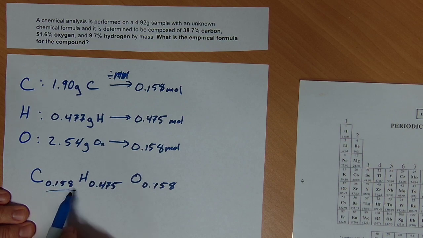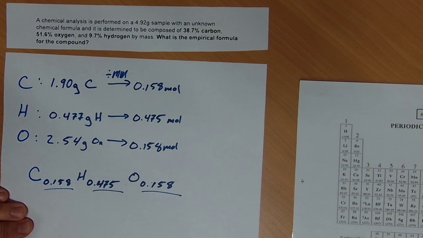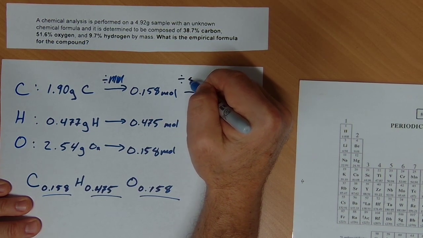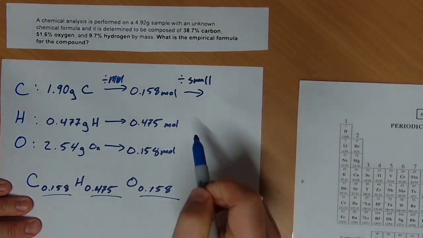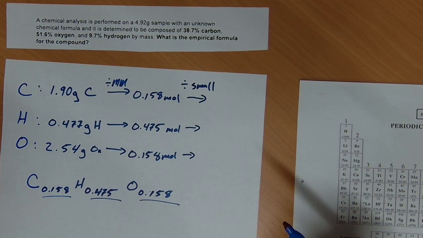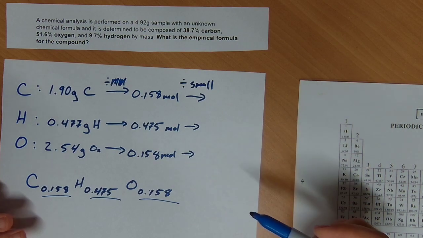We prefer to use the smallest whole numbers, and so this last step, divide by small, is just a math trick basically to rescale these numbers. We're dividing by the same number every time so that we maintain the correct ratios.